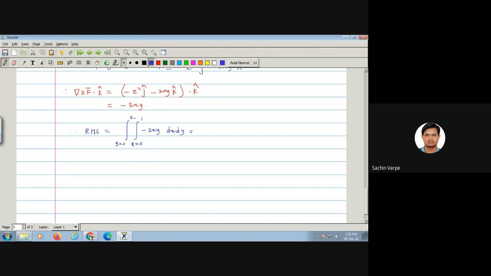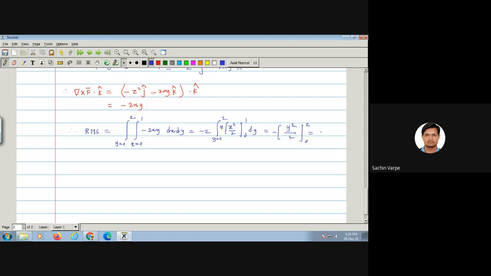So x varies from 0 to 1, and y varies from 0 to 2. So what is the value of this integration? Minus 2 into, if we integrate with respect to x, that will be x square by 2, from 0 to 1. So that will be 1 by 2, the 2 will get cancelled. And the integration of y is y square by 2, with the minus sign outside, from 0 to 2. So how much is this?